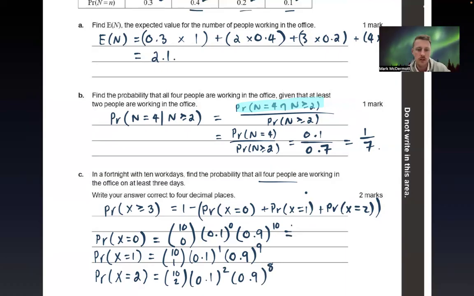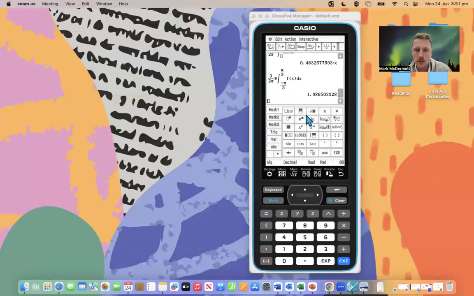So then yeah, we need to use our calculator now. So this is just 0.9 to the power of 10 because this is equal to 1 and this is equal to 1. Okay, so let's go to our calculator. So we're going to get 0.9 to the power of 10, our first one. Okay, then they're going to add on.